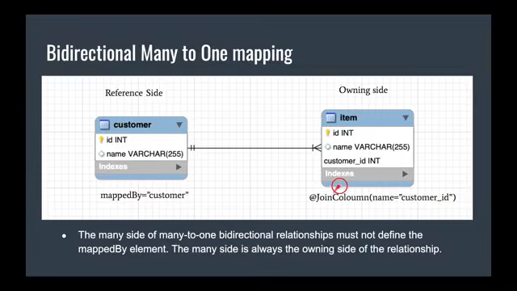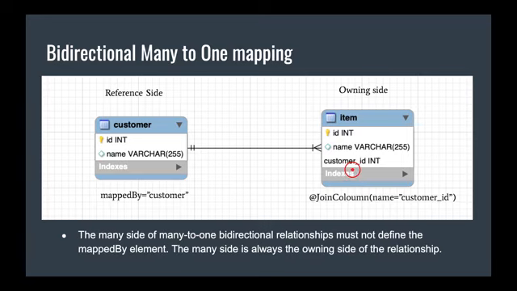The many side is always the owning side. On this owning side we only define the joining column, and the mappedBy we define at the reference side. What does mappedBy mean? We are saying that we have a customer inside this item entity, which has a many to one association and has the joining column customer id, so we can use that customer id as the foreign key here.